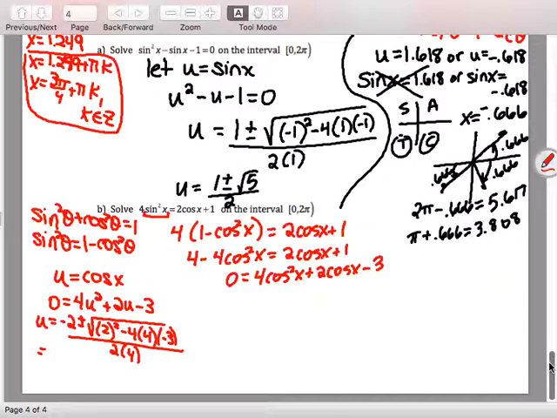So I'm getting u is 0.65 or negative 1.15. Are you guys getting to that point?